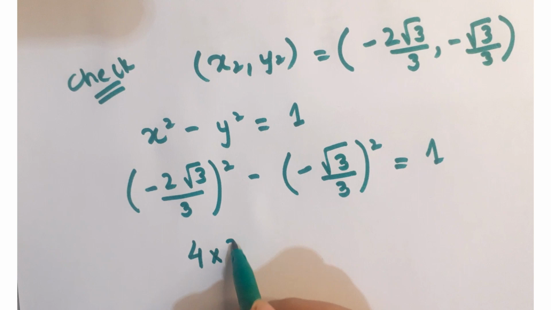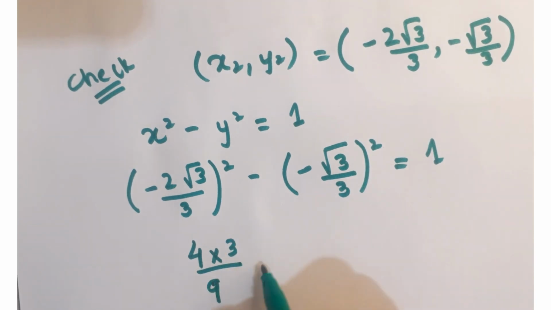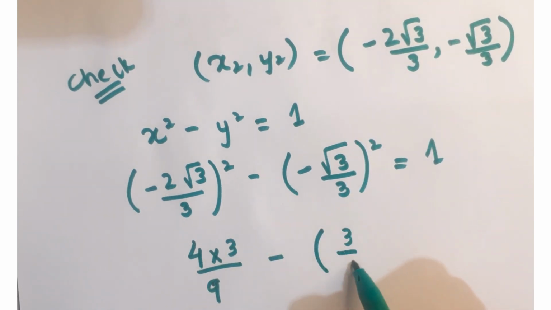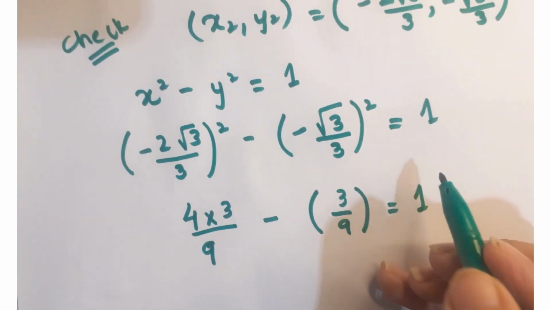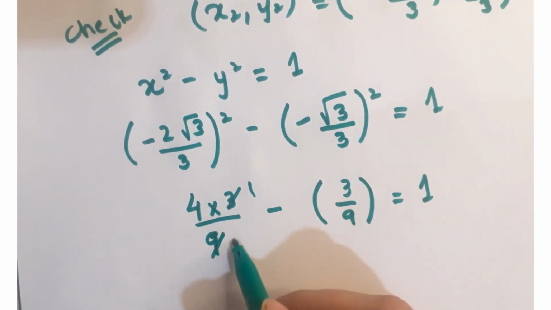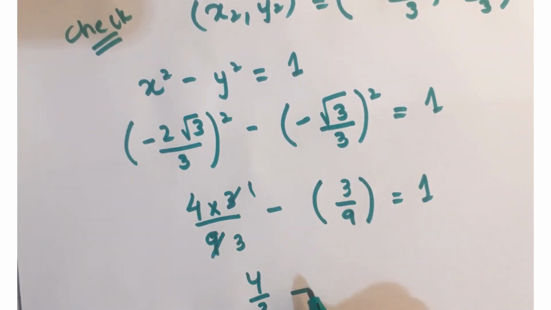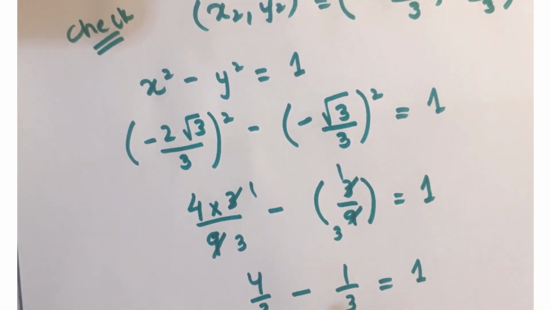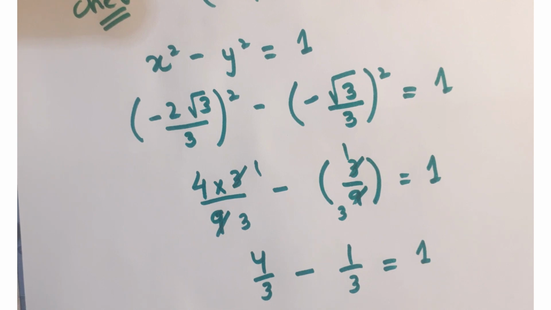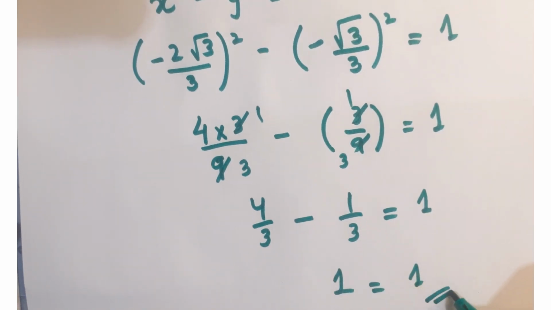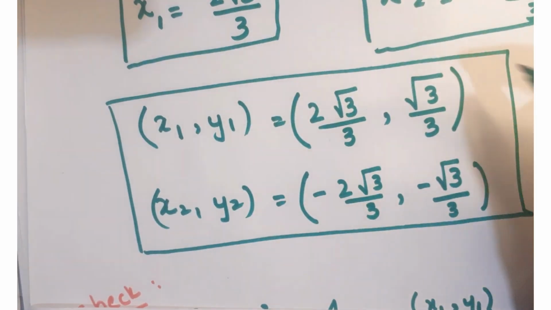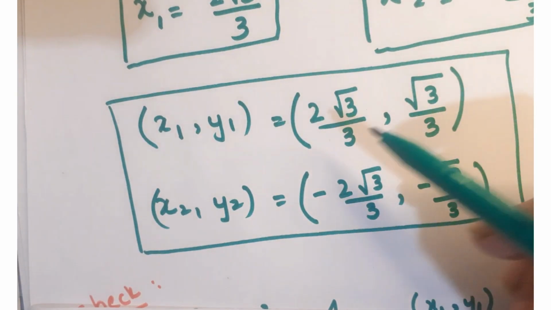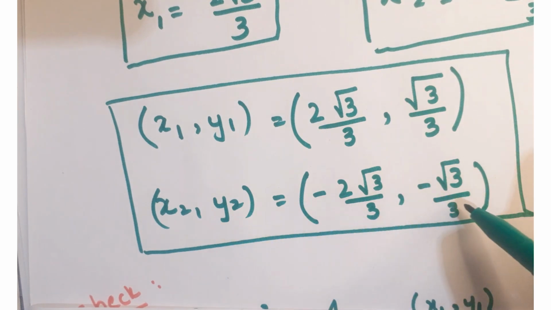So we have 4 times 3 upon 9 minus 3 upon 9. Here you can cancel this as well. This is 4 upon 3 and this is 1 upon 3. So this makes 1 is equal to 1. So this implies that the solutions for this equation are x1 comma y1 and x2 comma y2.